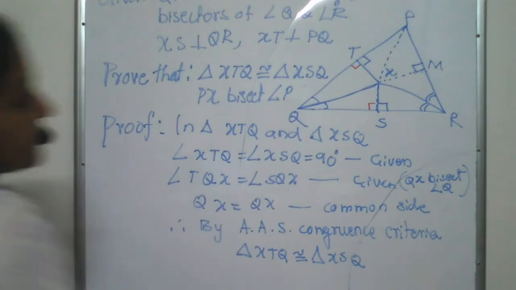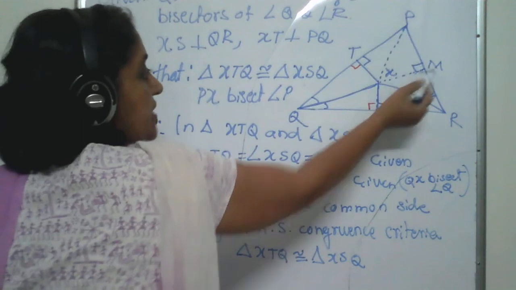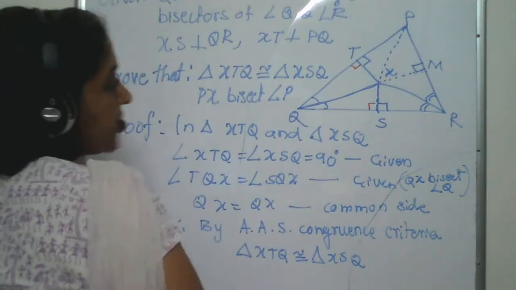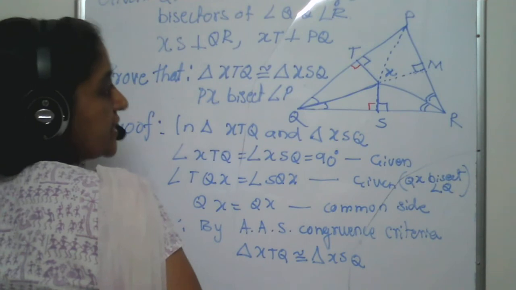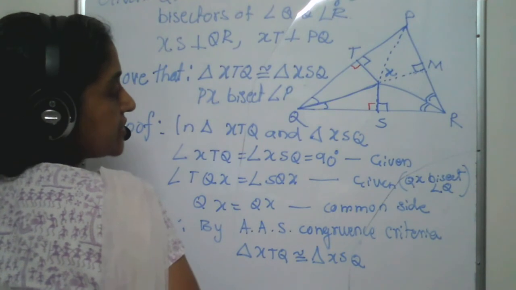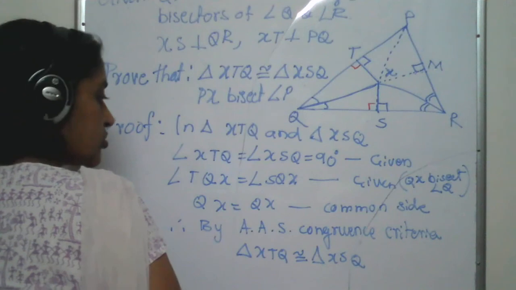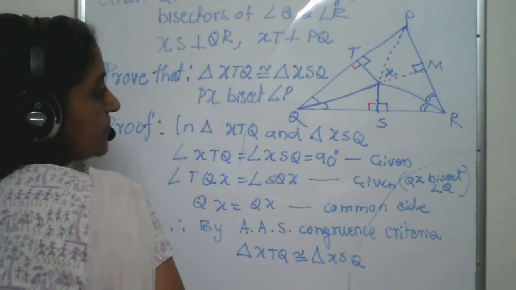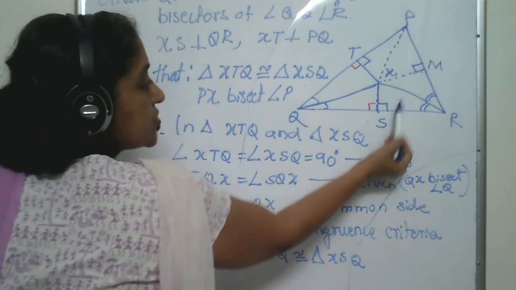I'll show you. If at all we consider PXT and PXM, apart from 90 degrees or PX being common side, we don't have anything else there to compare as the third part which we have to show as equal. So for that, we will consider these two triangles.